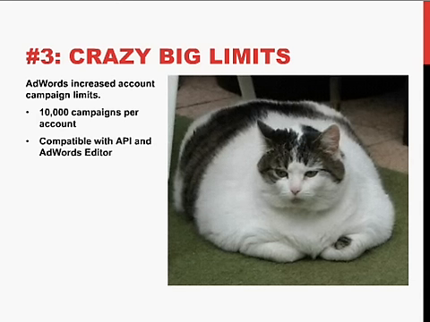The new account limits are 10,000 campaigns, and that includes your active and your paused campaigns. Within that, you have 20,000 ad groups per campaign. I was not a math major, but if I had a calculator, I could start doing this out. For each of these ad groups, we could have 5,000 keywords. We could have 300 display ads.